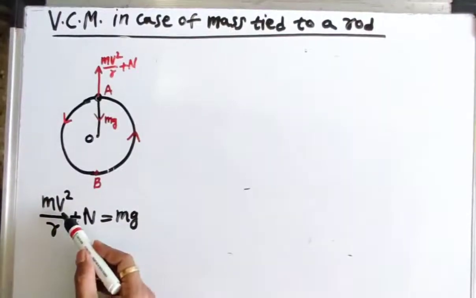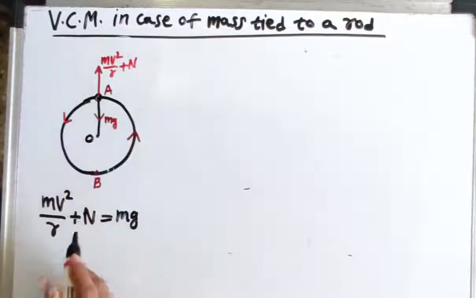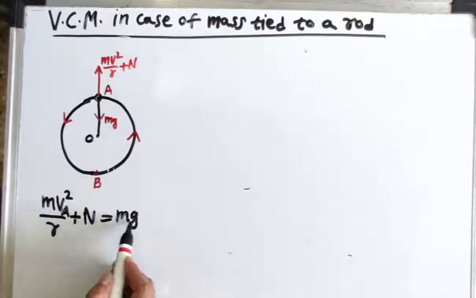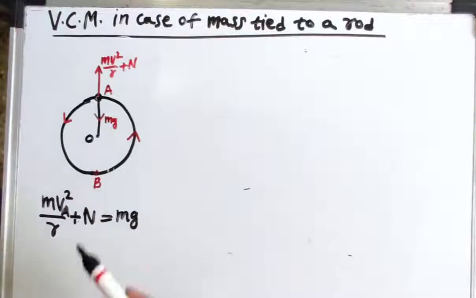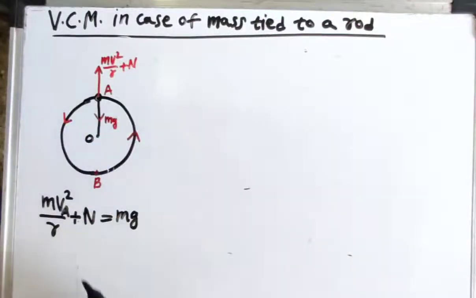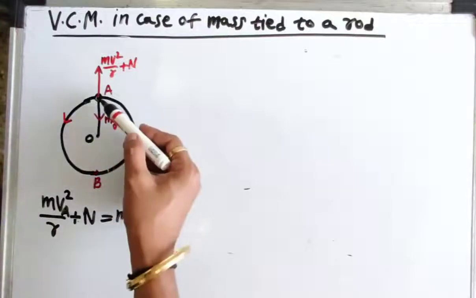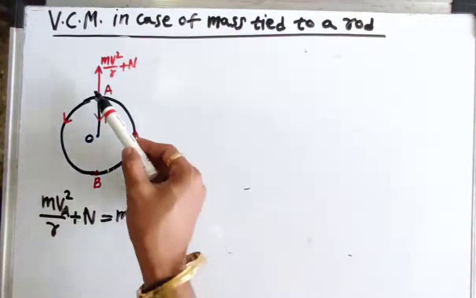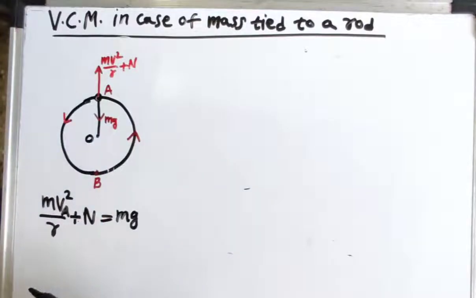Here v is the value of velocity at point A, so we can write m vA square upon r plus N is equal to mg. This is the resultant force when the particle is present at point A. But for finding the minimum value, we can put vA equal to 0 at the top position, because as we have discussed, in case of a rod at the highest position the velocity can be 0.